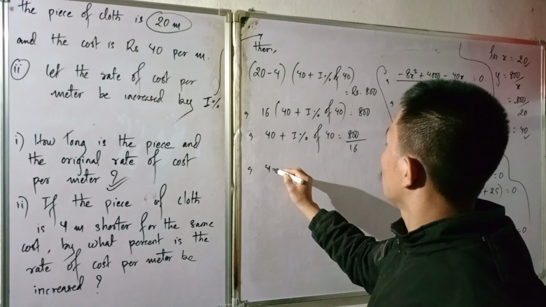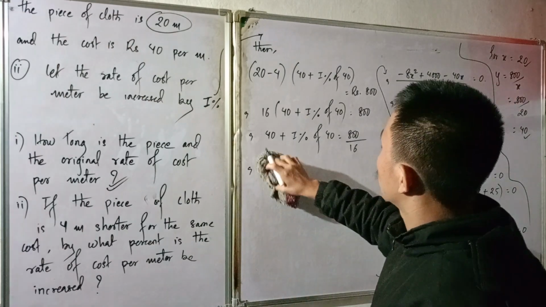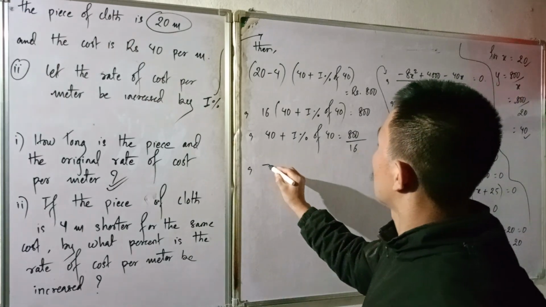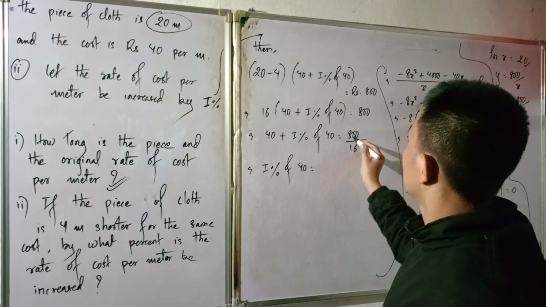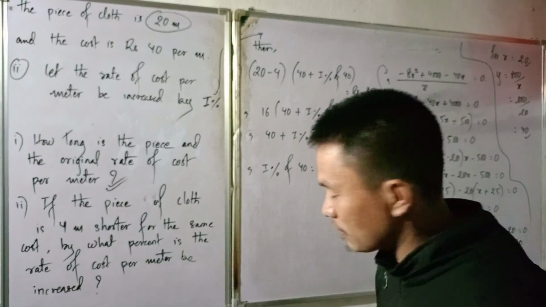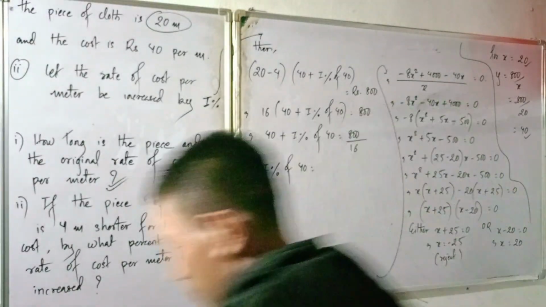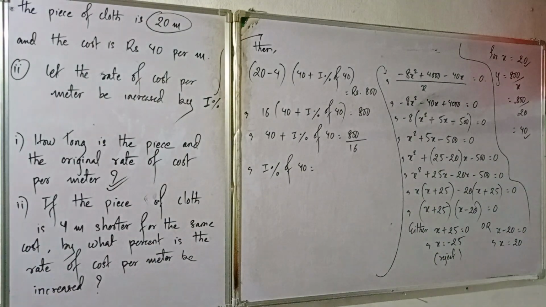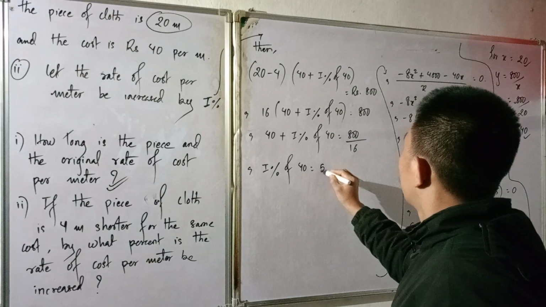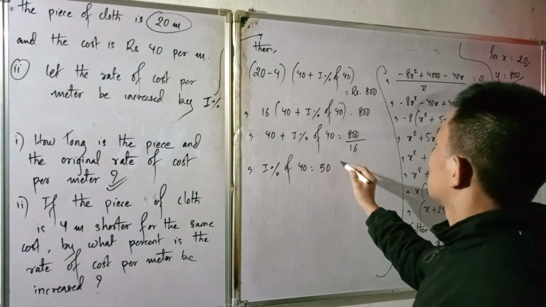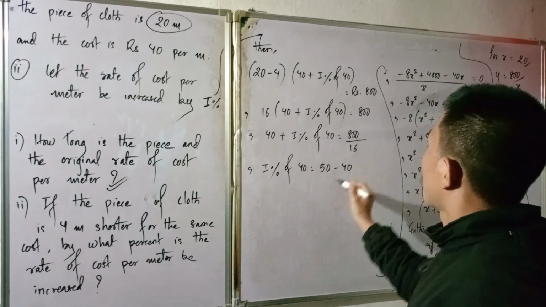You can move this 40 to the other side. So I% of 40 is equal to 800 divided by 16, which is 50, yes. So 50, when you move 40 to the other side, it becomes minus 40.